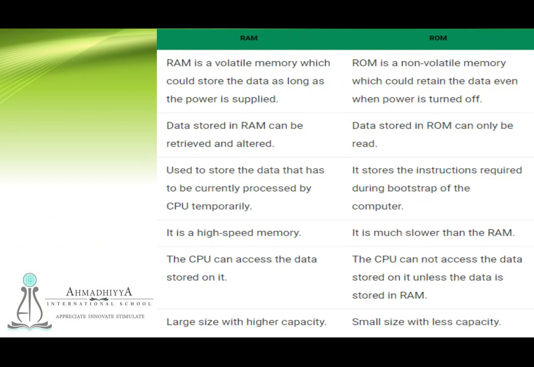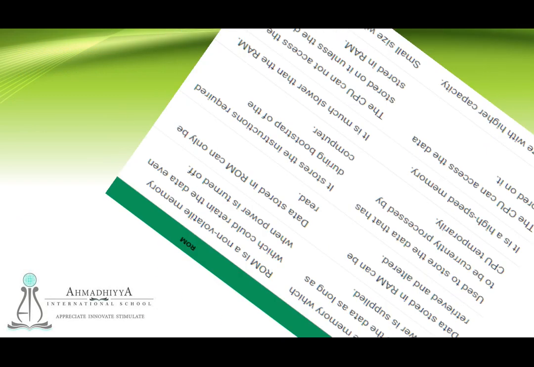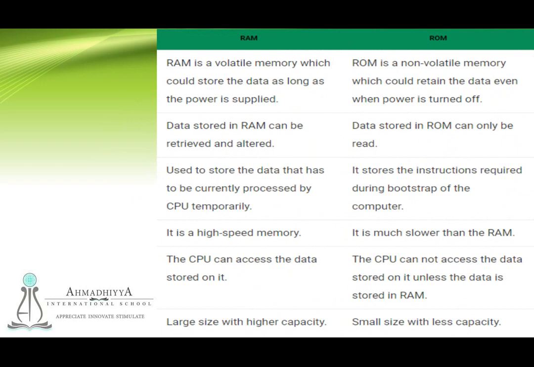That is possible with RAM, but in a ROM, you are not allowed to modify, you can just read. And mainly RAM is used to store the data that has to be currently processed by the central processing unit. But the ROM stores the instructions required during the bootstrap, meaning when the computer starts up.